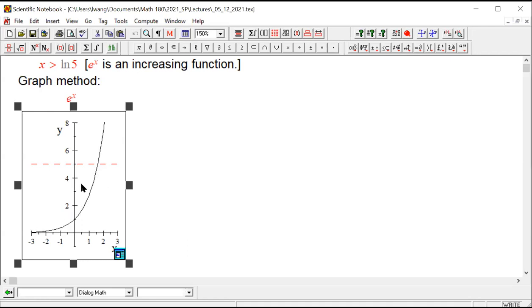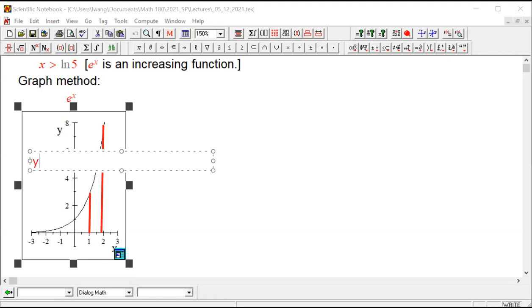Do you see that? These are the output. Output is vertical: less than 5, greater than 5. And this level is y equals 5.